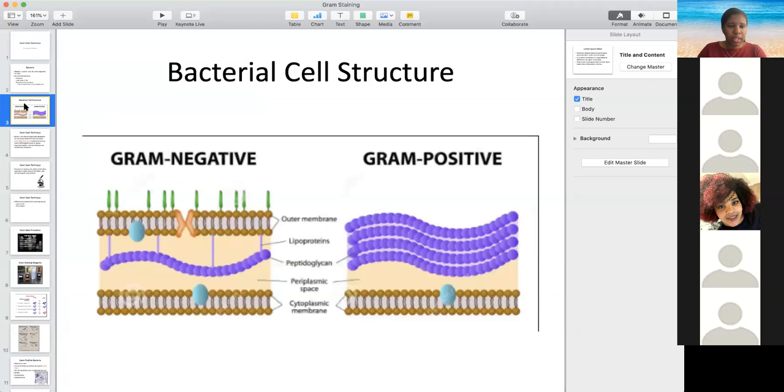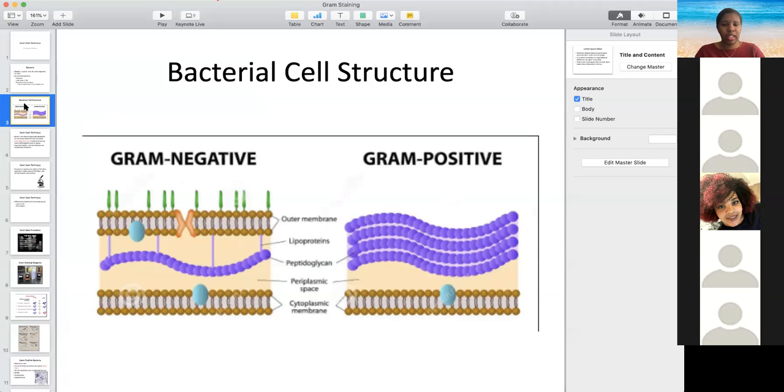Structurally, there are two different types of bacteria based on the structure of the bacterial cell wall. The bacterial cell wall is a unique structure that not all cells have. We have that outer layer around all cells that we'll call the plasma membrane or the cell membrane.